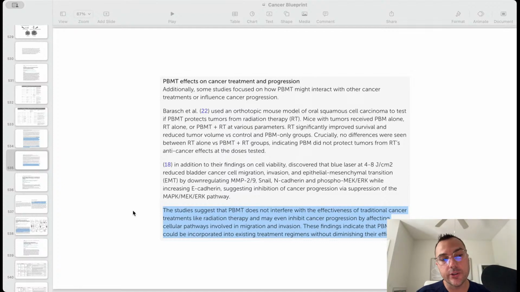When we shut down glucose and glutamine and we lower the shields, then cancer cells in general are much more susceptible to oxidative stress.